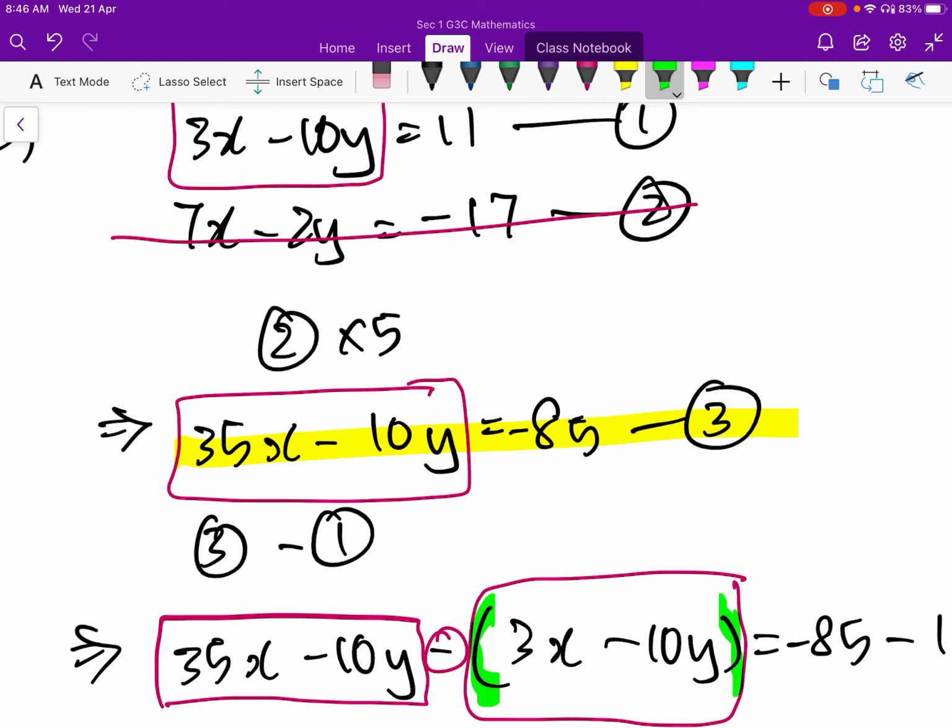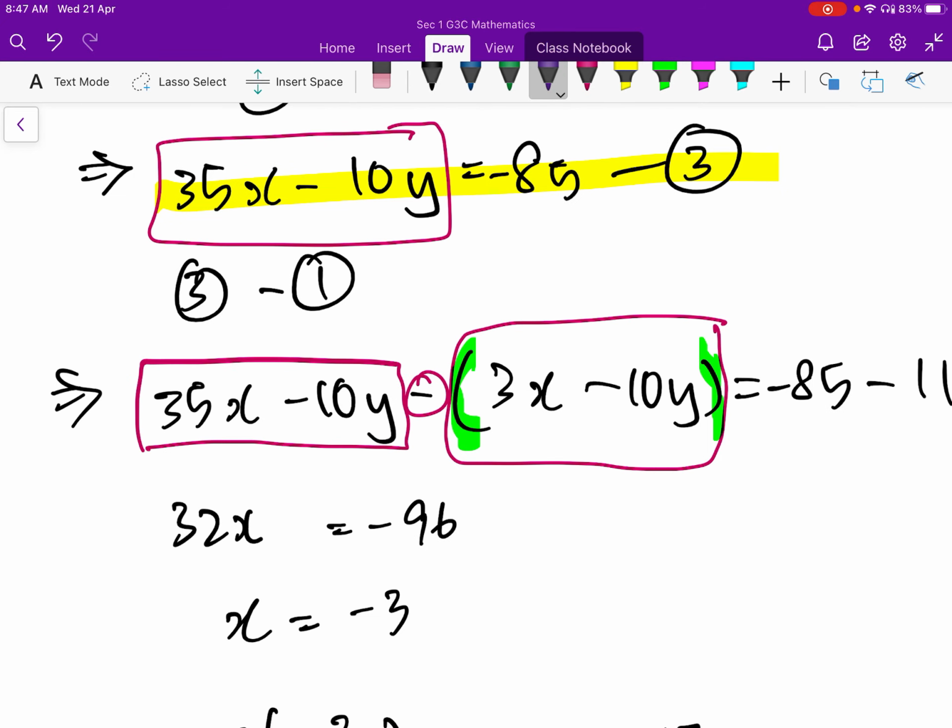Important, because that's where the next mistake could happen. With the bracket, the next step will be minus negative 10y, which is positive 10y. With the positive 10y, you add that to negative 10y, then your y term is eliminated.